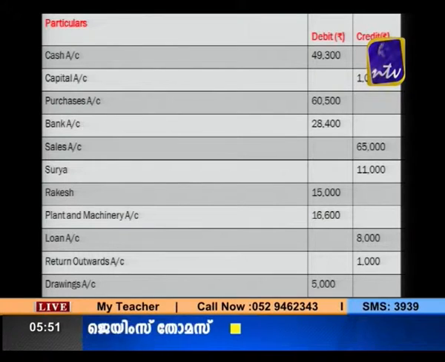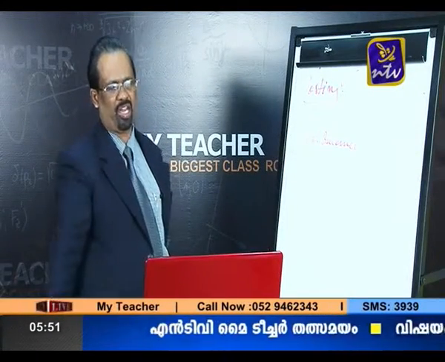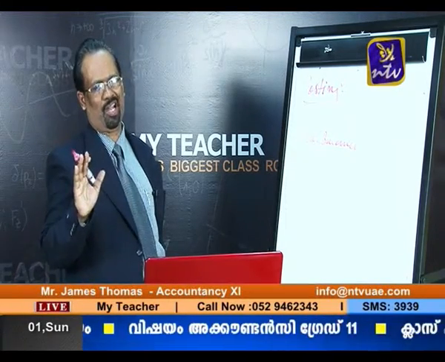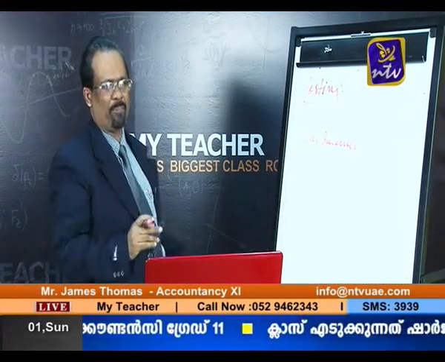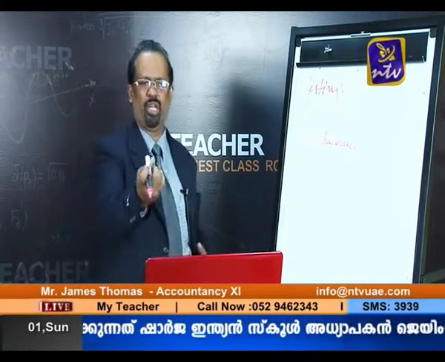It is very clear. We started with the journal, journalizing and posting, ledger account, balancing. The last part is trial balance. Trial balance is a list of various ledger accounts. When we are preparing a trial balance, one formula is there. All assets show a debit balance.